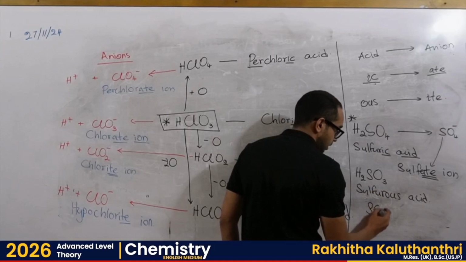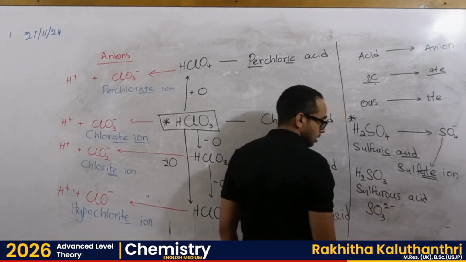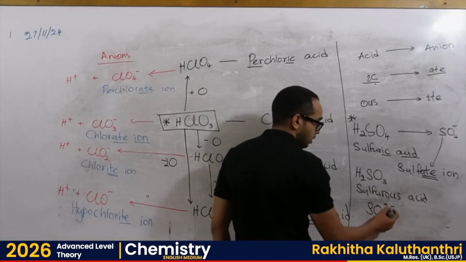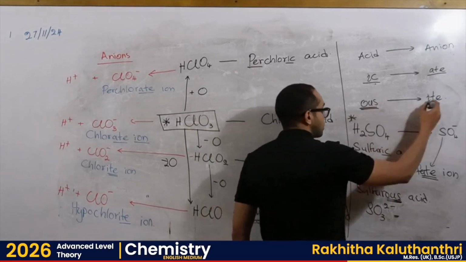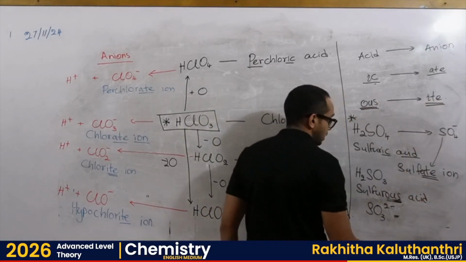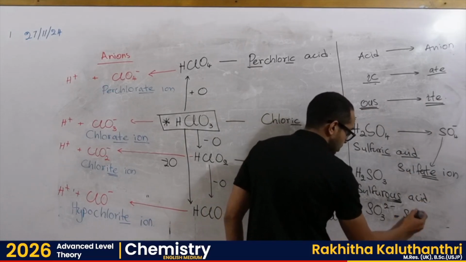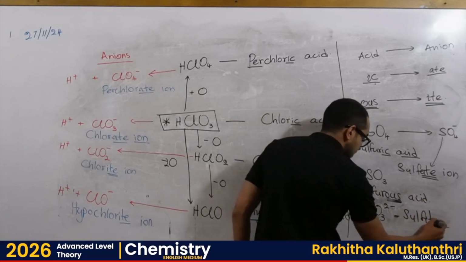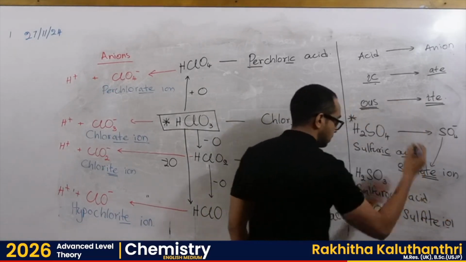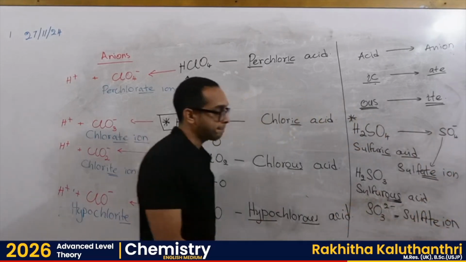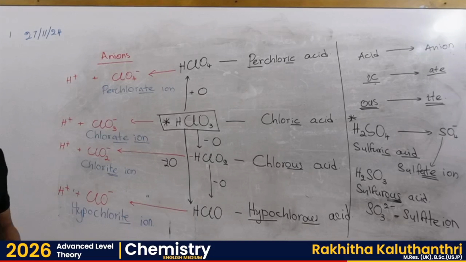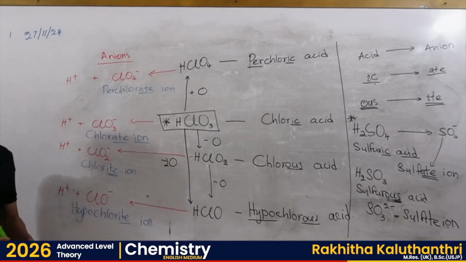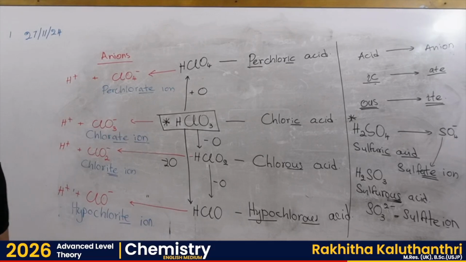Sulfurous acid has these ions, SO3 minus ions. So their name would be, now it has OUS ending. So OUS ending gives rise to an anion with ITE ending. So this is going to be sulfite ion. Sulfite. Is that clear? Right? So students, these are parts that we need to be familiar with.